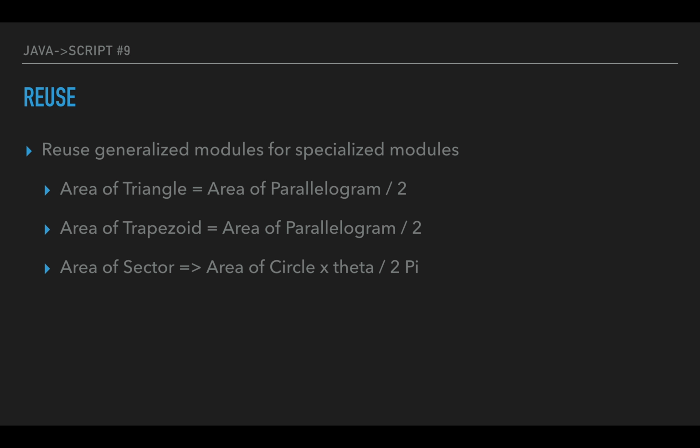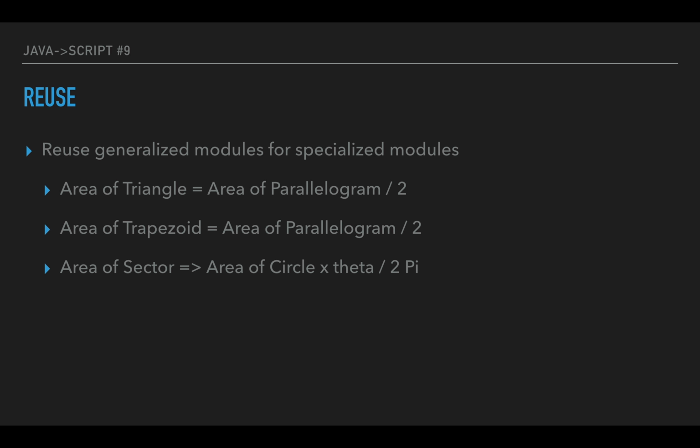In terms of demonstrating software reuse, we are going to reuse some generalized modules for specialized modules. Let's take a look at the example. An area of a triangle is actually half of the area of a parallelogram. So we'll reuse the area of parallelogram and divide it by 2, and we get the area of triangle.